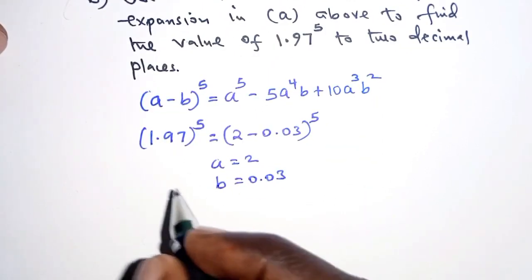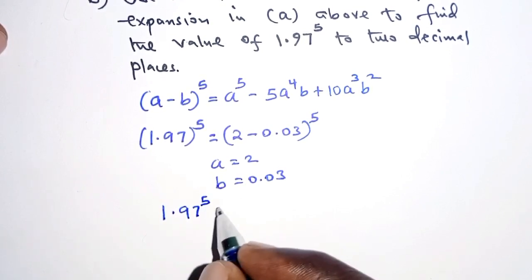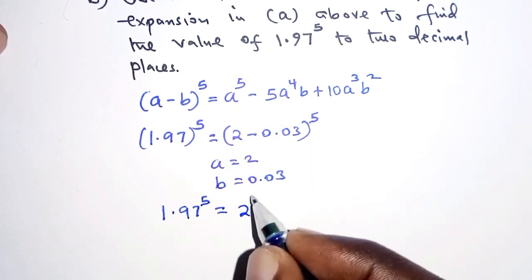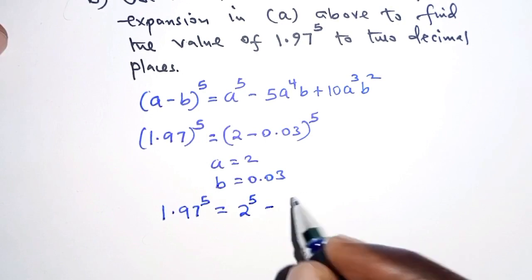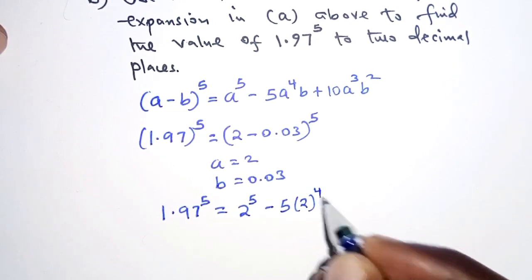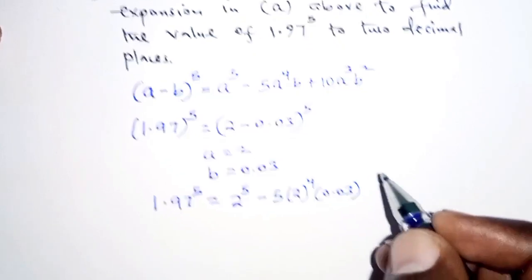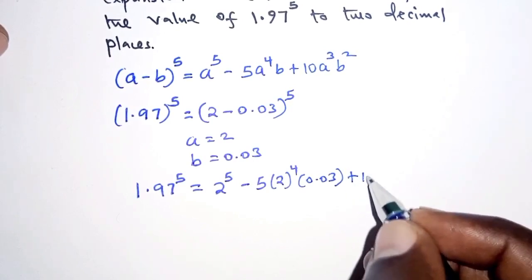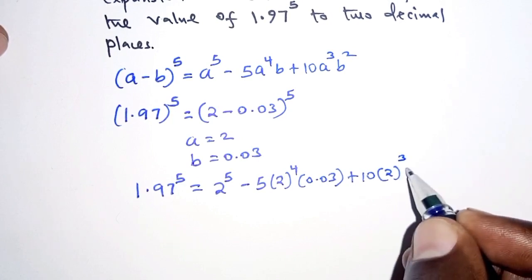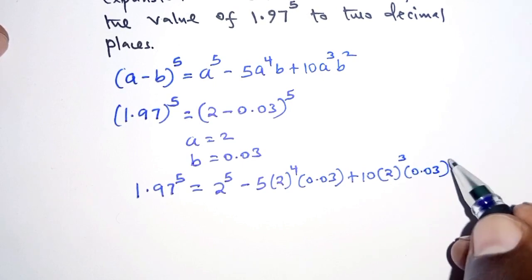So we'll have 1.97^5 equal to, in place of a, 2^5, minus 5 into 2^4 times b, and b is 0.03. Then plus 10 into 2^3 times 0.03^2.